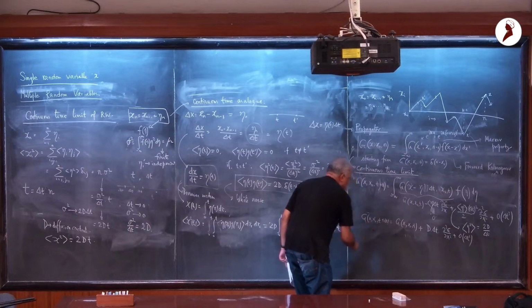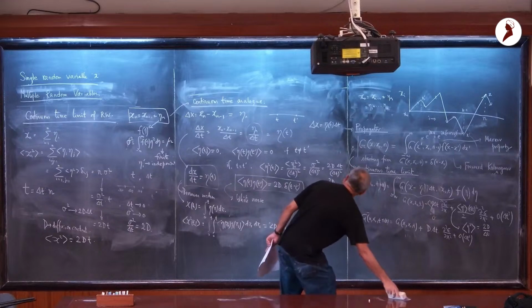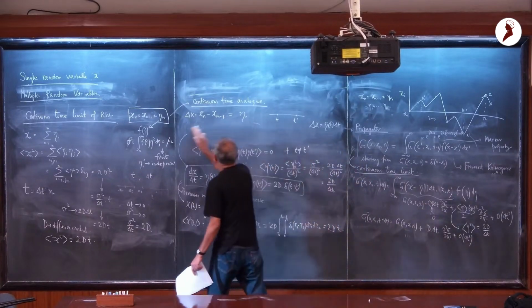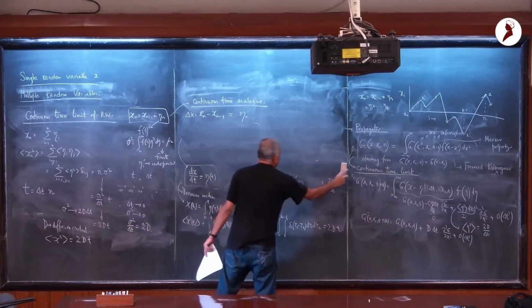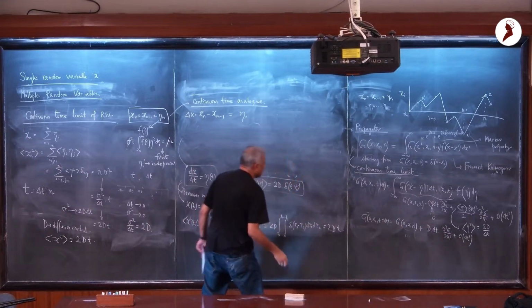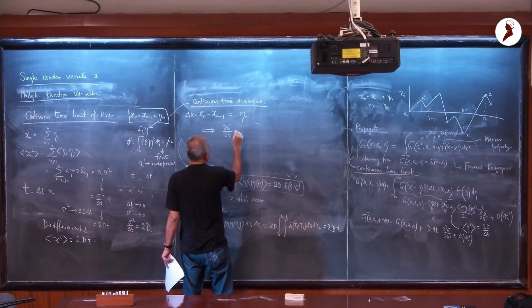So if I take it on the left hand side and divide by δt and take the limit δt goes to 0, then you arrive at the continuum equation.